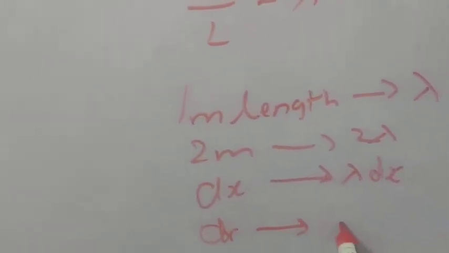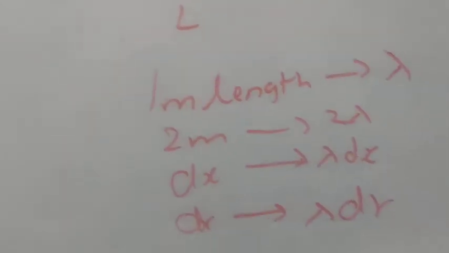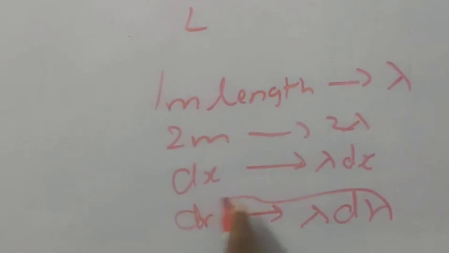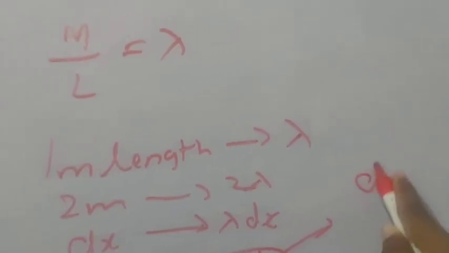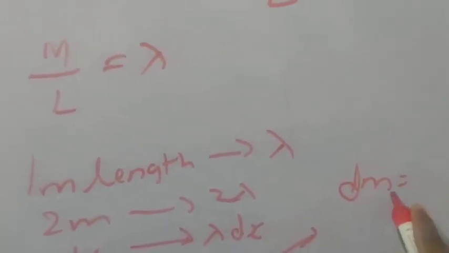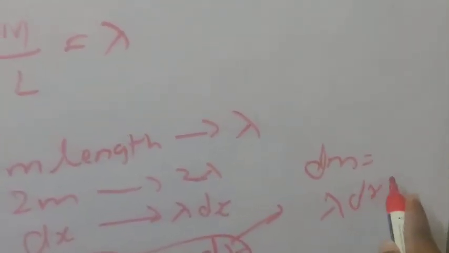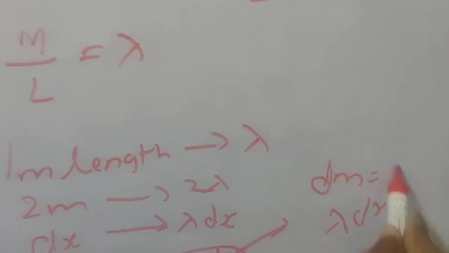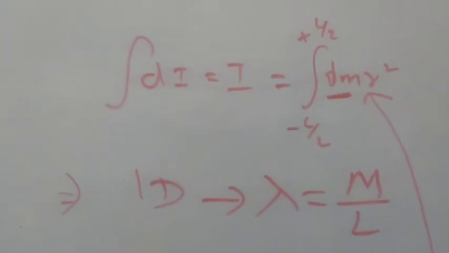For dr, it is lambda dr. Thus we know that the dm mass can be written as lambda dr. So we can substitute this in our integration and then get the values. Let's do it.